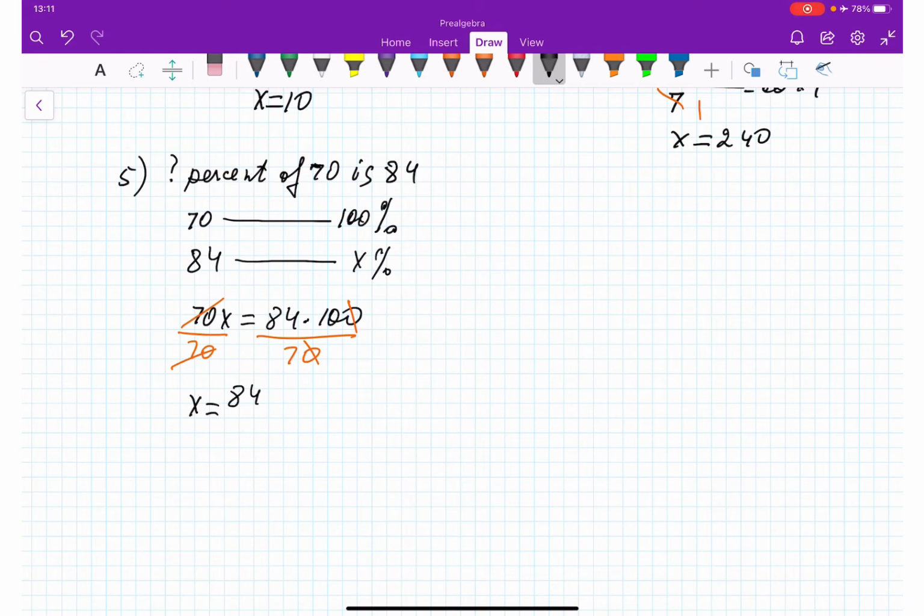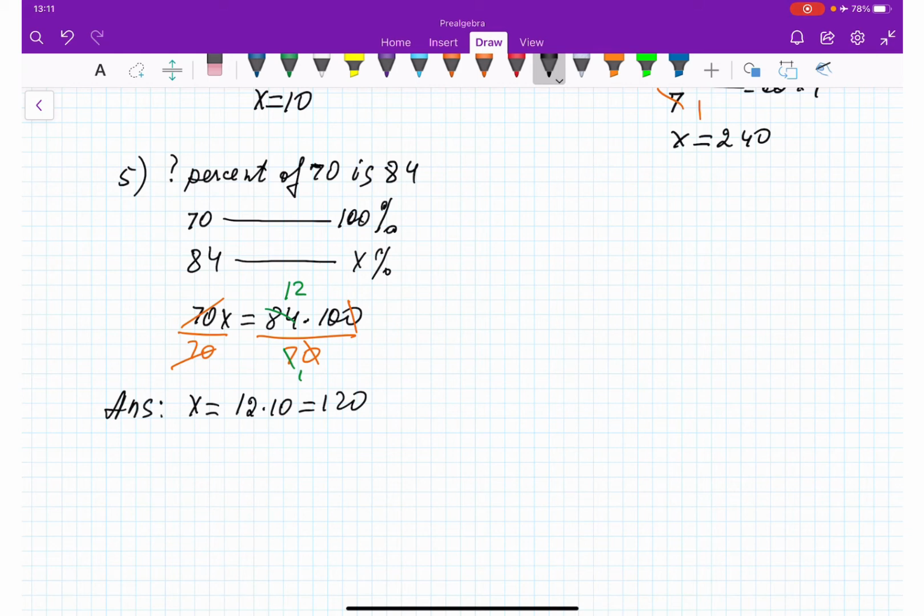I can cancel that one also. Let me use green one. By 7, this is 1. This is going to be 12. So we will have, how much we have? x is equal 12 times 10. 120. And this is going to be our answer.